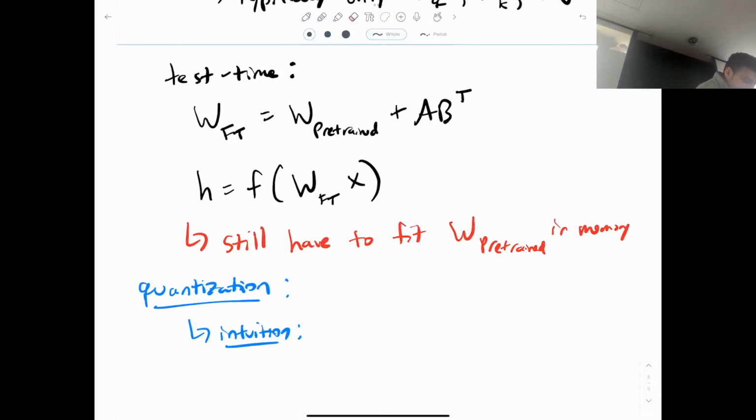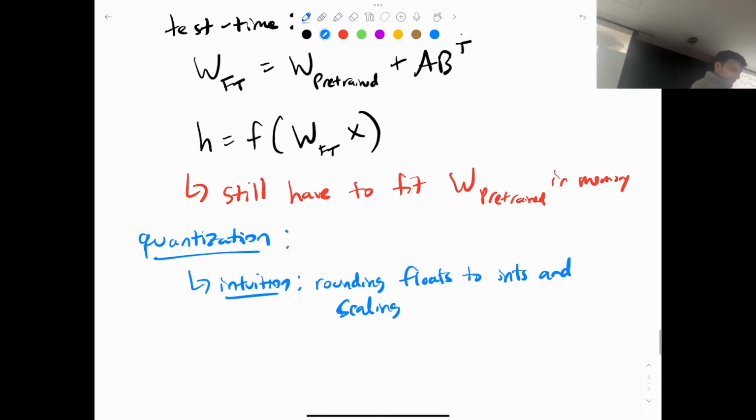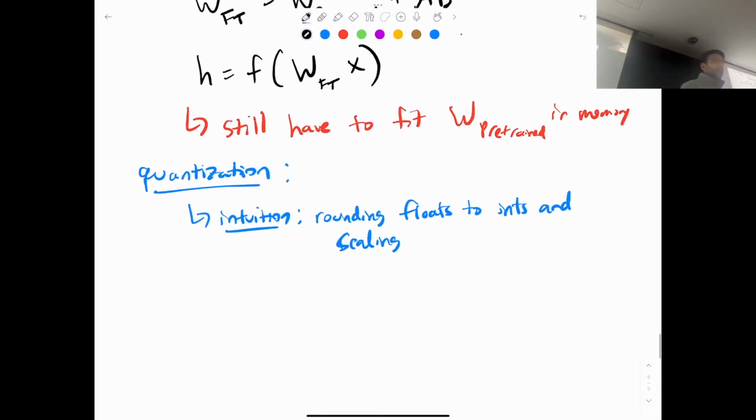So the intuition is basically rounding our floats to ints and doing some scaling. There are many different quantization methods proposed. I'll just go over a quick one so we understand what we're talking about here.